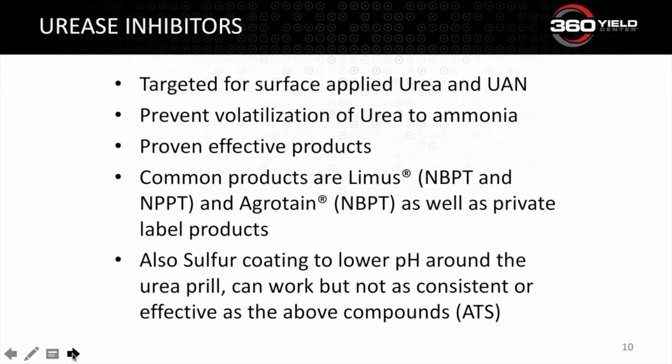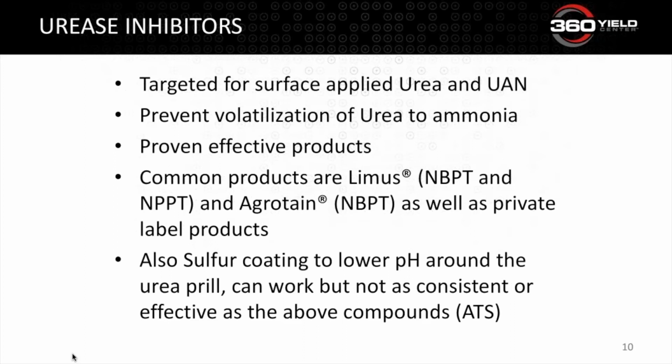So urease inhibitors, all right, we're targeting that urea molecule at 28%. We can actually target it also in manure. We can target it for surface applied urea, to prevent the volatilization of urea to that ammonia gas before we can get it in contact with soil. There are some common products out there.